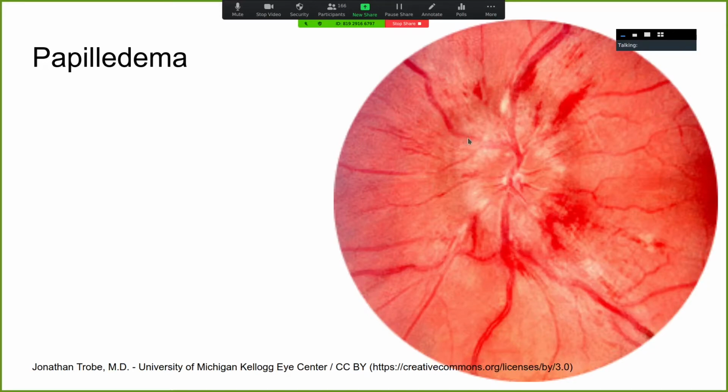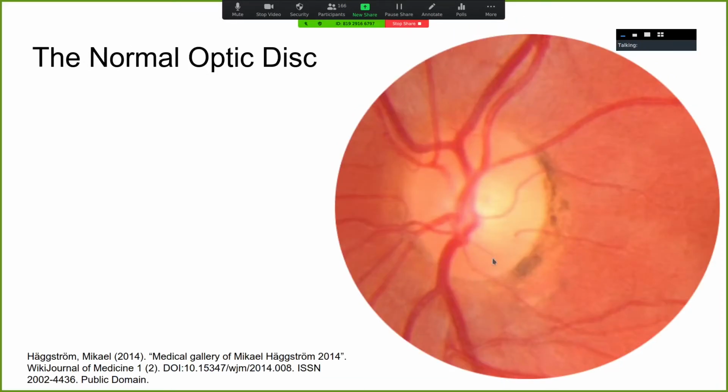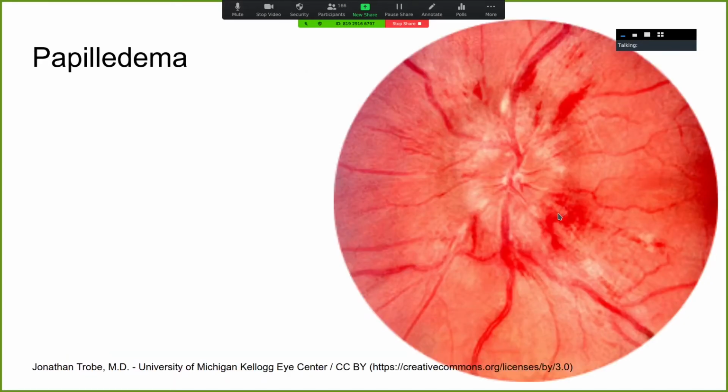Some parts of the arteries are being bent with the pressure, so it's being pressed from behind. Thus the blood vessels, if you're catching it with a picture, you may catch the blood struggling to go to the other side. So you have this cut off of blood vessels. And the disc margins, which are clear and distinct here, are no longer seen. You don't know where the disc ends and where the retina begins.